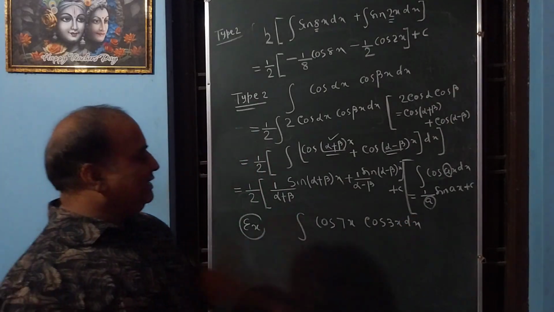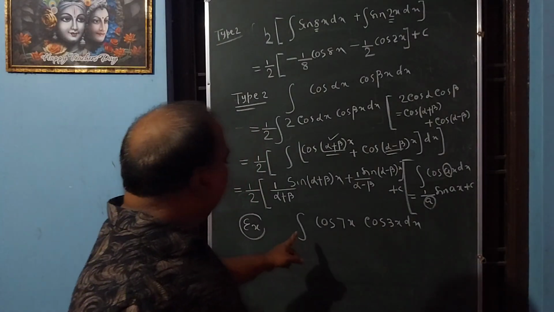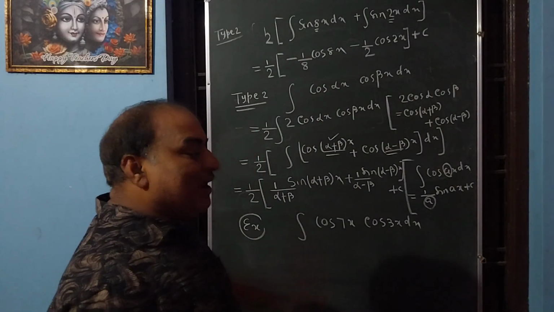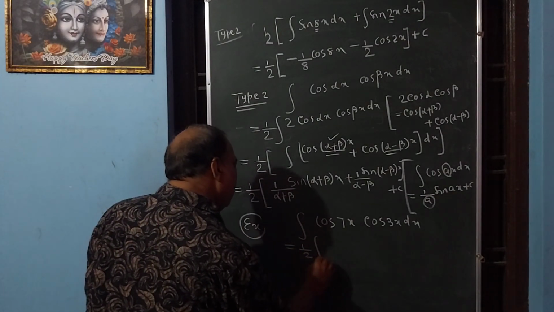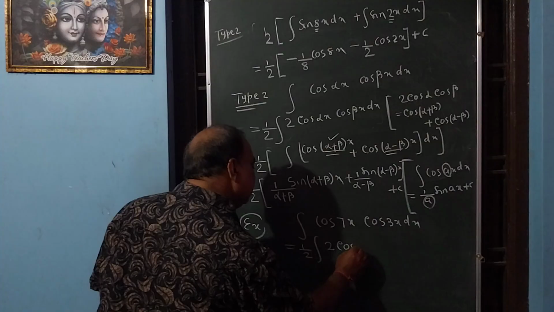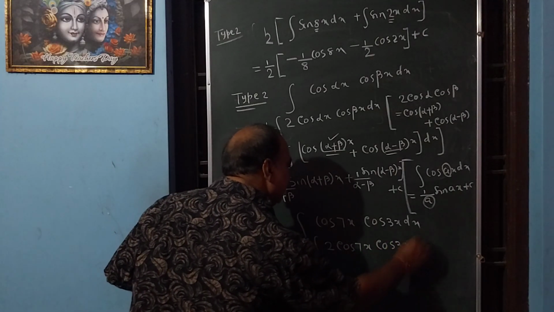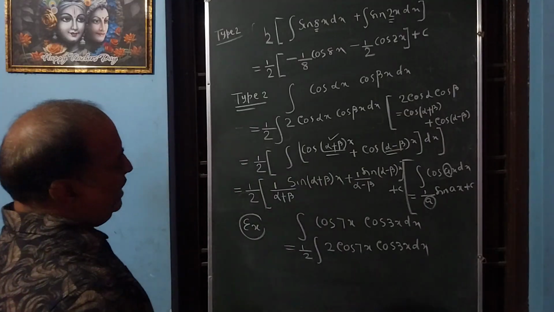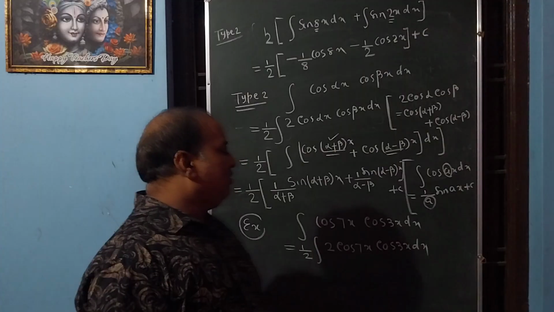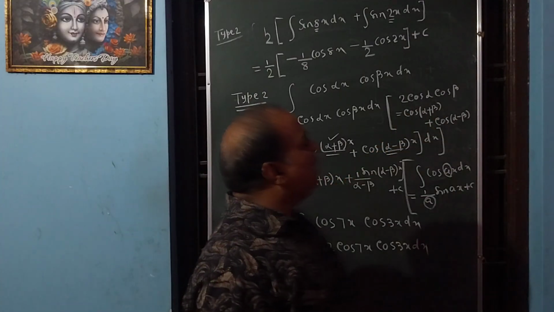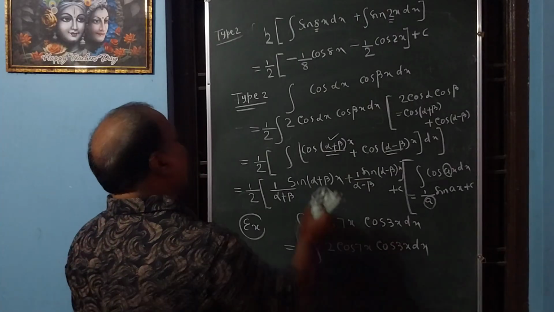The question will be coming like this. Integration of cos 7x into cos 3x. So now you have to multiply and divide by 2. We get 1 by 2 cos 7x into cos 3x dx. Okay, so 2 cos alpha into cos beta, the formula will be cos (alpha plus beta) plus cos (alpha minus beta).